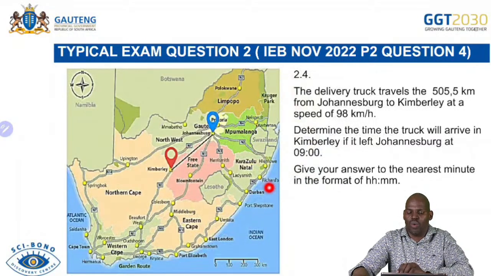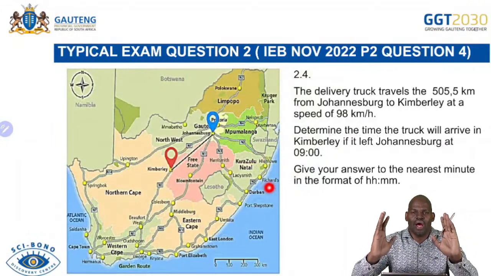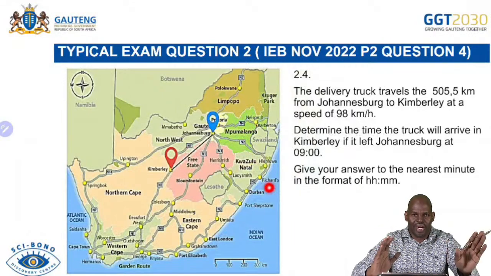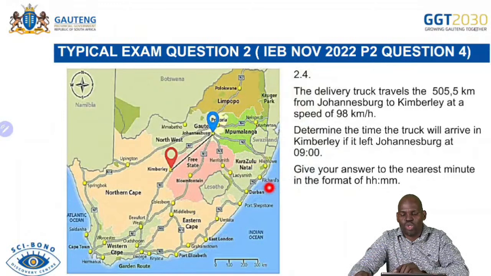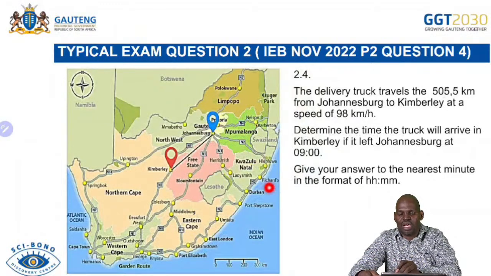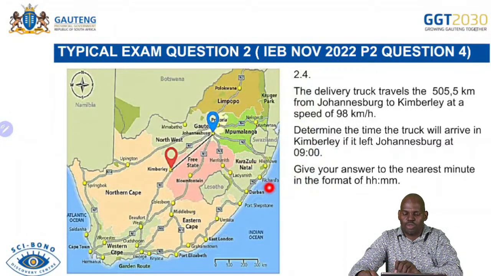Now, when we did the calculations in the previous question, according to the map that is given, the direct distance is 300. So we're going to forget about that one. We move on to the next question. According to this question, the actual distance is 505.5 kilometers from Johannesburg to Kimberley at a speed of 98 kilometers per hour.